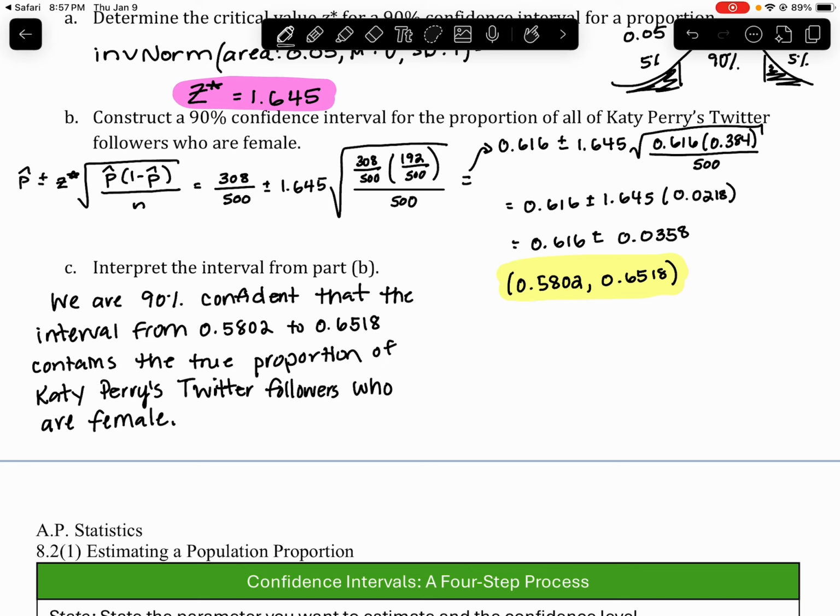So that's a little bit to take in. The last part, pretty simple. It sort of went along with what we've already done.